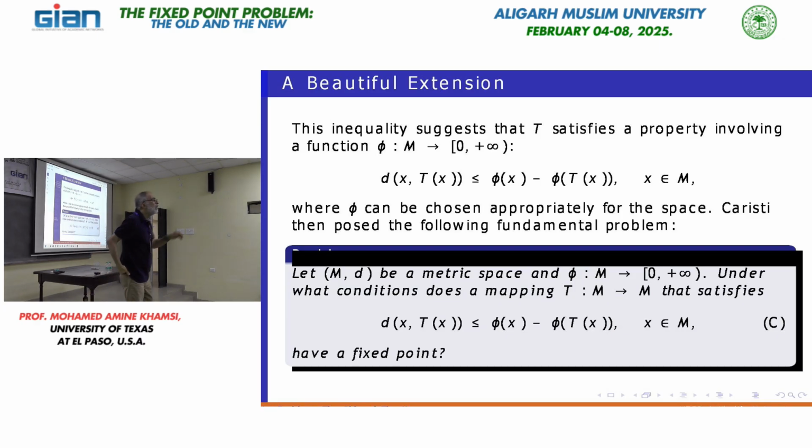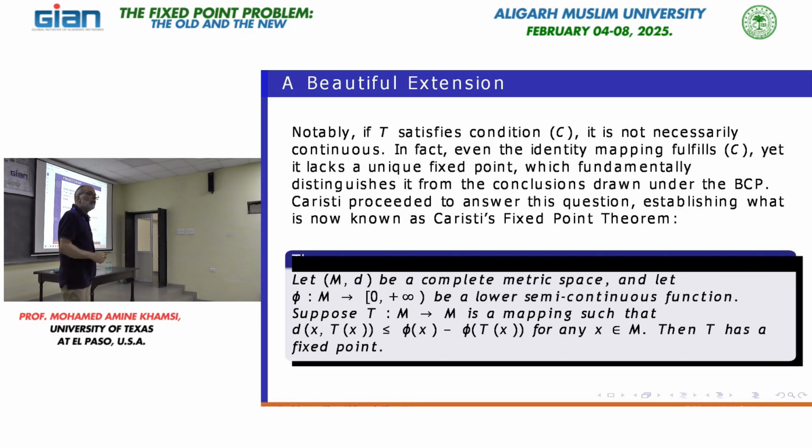What happens when you reach the lowest layer of energy? Wait, follow me. What is the function? The function is 1 over 1 minus k times the distance from x to tx. K is less than 1.